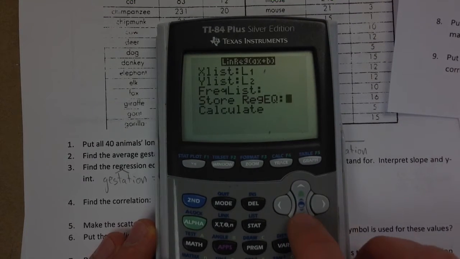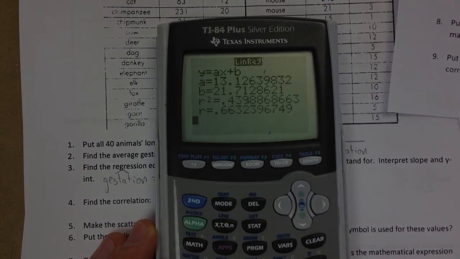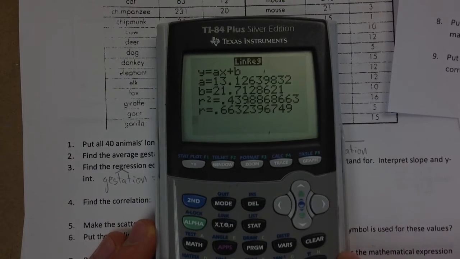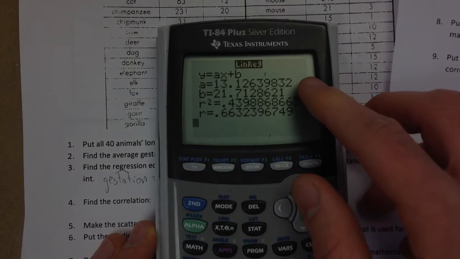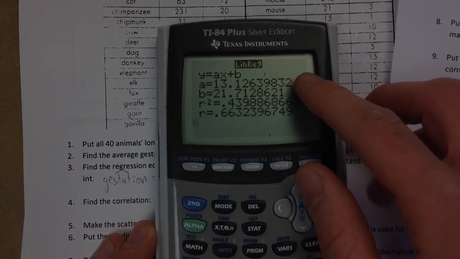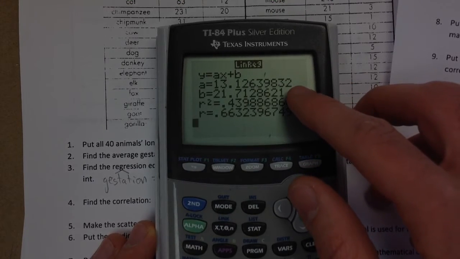And I can store the regression equation somewhere, but I'm not going to. Calculate. There you go. No need to draw a line on a scatter plot and guess what it is. We have with certainty the line that minimizes the sum of the squared residuals. That's what it is. The first coefficient is the slope, and the second coefficient is the y-intercept.